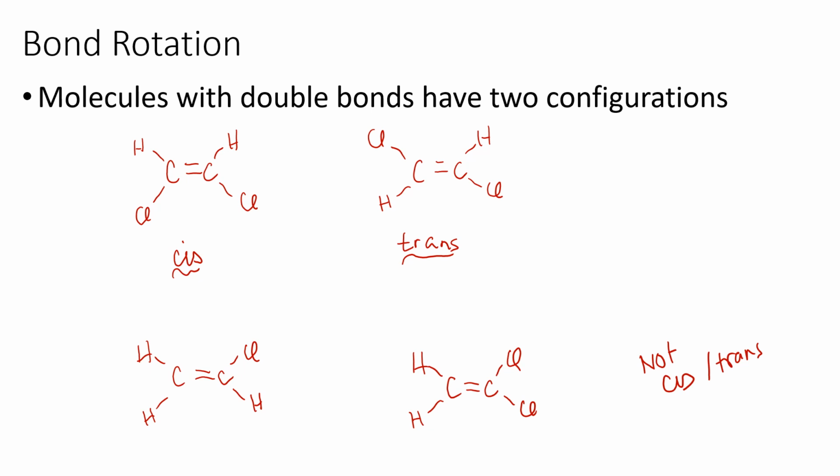And if our two hydrogen atoms are on the same side of the double bond, we would refer to that as being a cis relationship. If we have our two hydrogens on opposite sides of the double bond, we will refer to that as being our trans relationship. If we only have one other attachment, so notice we had three hydrogens around the double bond, there's no cis or trans relationship.